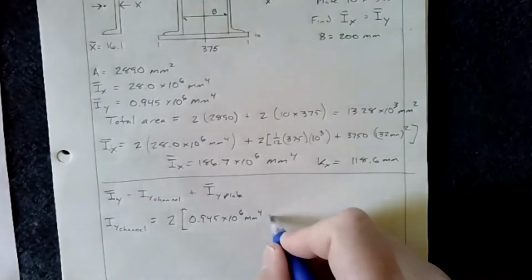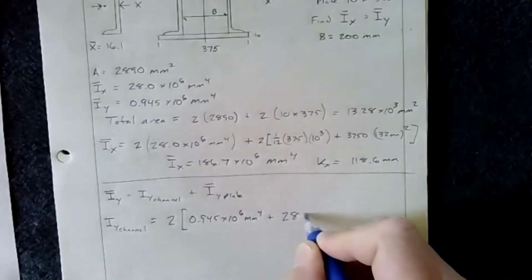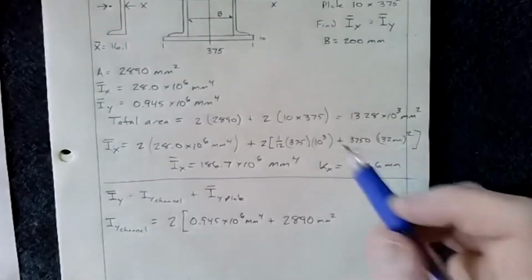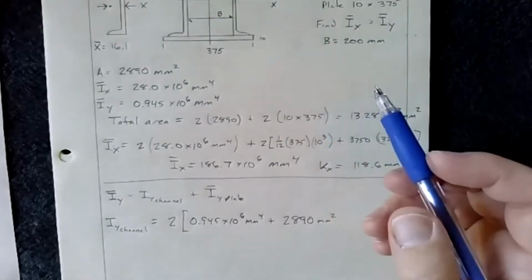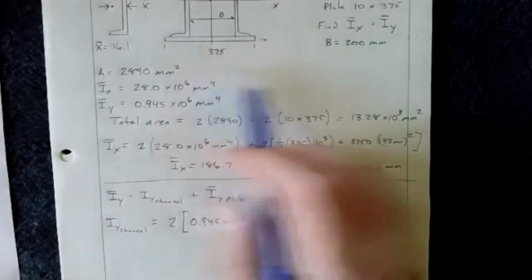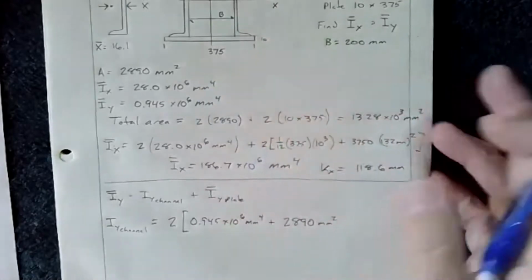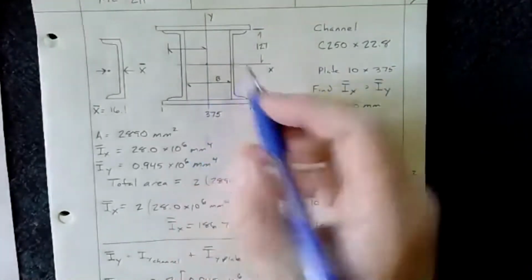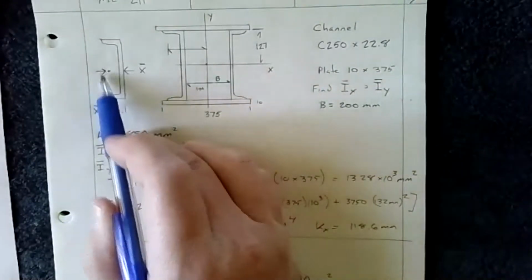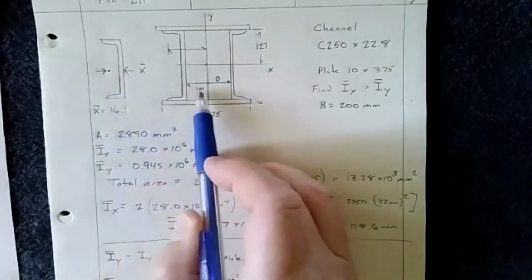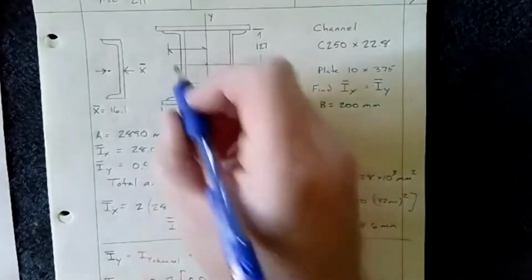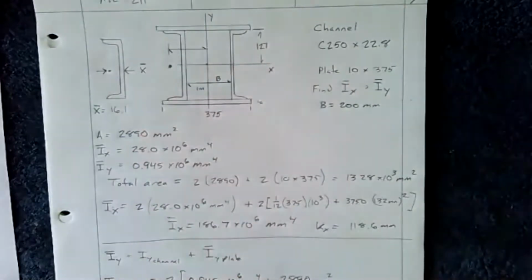And then our 80 squared term is the area, 2890 millimeters squared. And then our distance: we know it's 200 divided by half, so 100 going to here. And then from here out to here is 16.1. So we have 100 plus 16.1. That gets us from here out to the centroid of that.